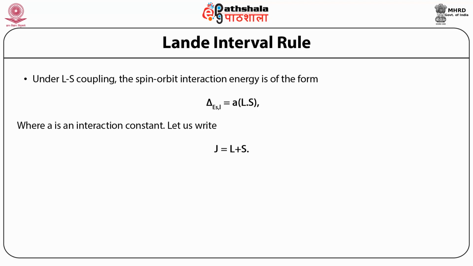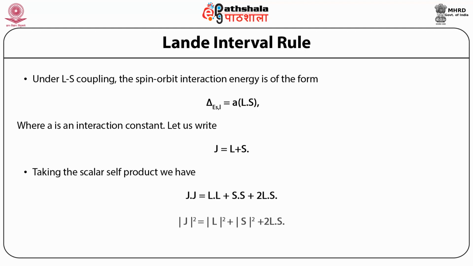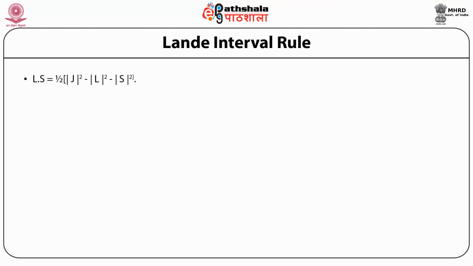Let us write J = L + S. Taking the scalar self product, we have J·J = L·L + S·S + 2 L·S, so J² = L² + S² + 2 L·S, and L·S = ½(J² − L² − S²). So ΔE_SL = (A/2)[J(J+1) − L(L+1) − S(S+1)] h²/4π².